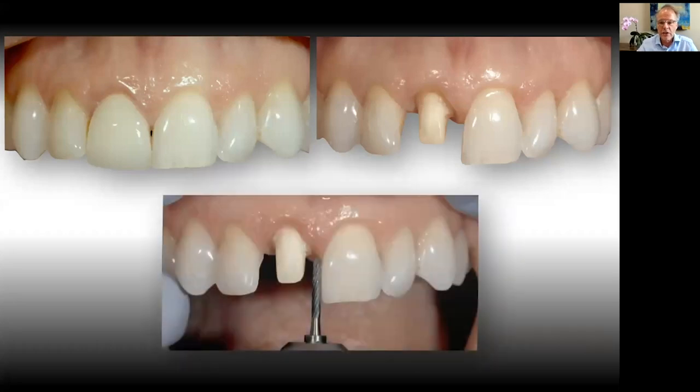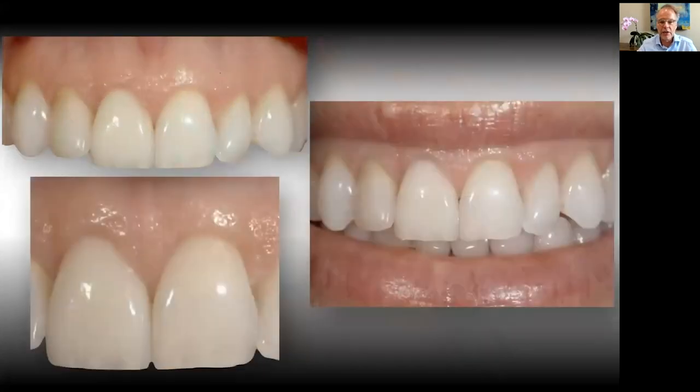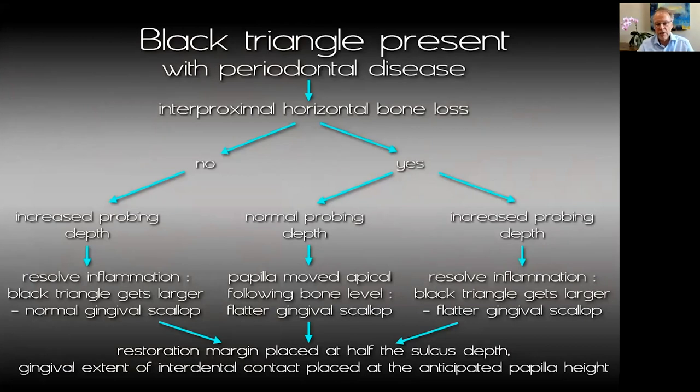So in fact, rather than restoring the adjacent central by placing composite, if I can plasty the adjacent tooth, that would be my first choice: make a longer, flatter contact, then fabricate the new restoration. Fortunately, I was able to contour it so that it measures the same width as the adjacent tooth. We have success, and I've actually restored one tooth, not two, but it was still a two-tooth problem. I managed it by plasty of the adjacent central.